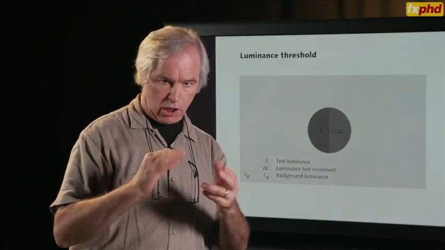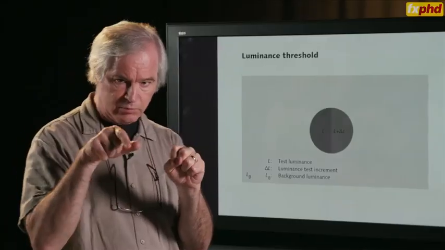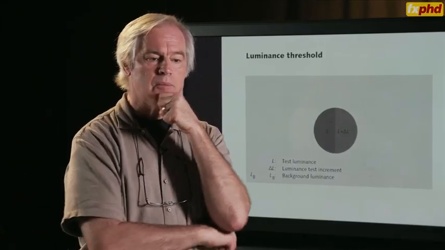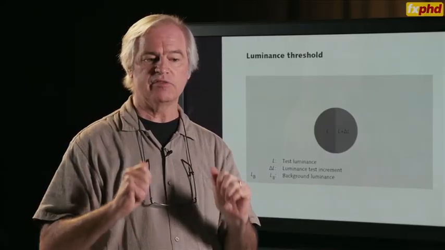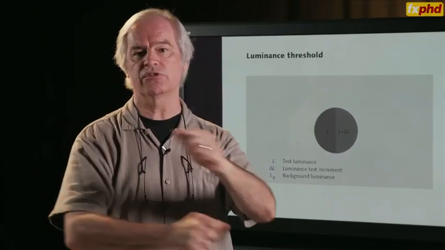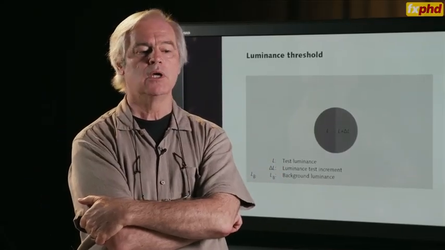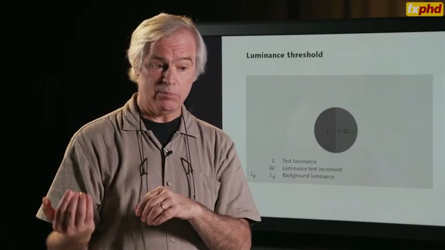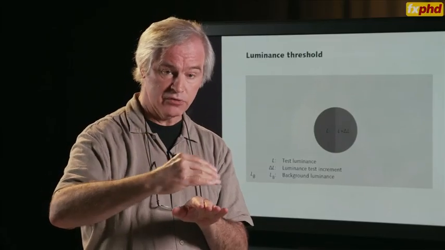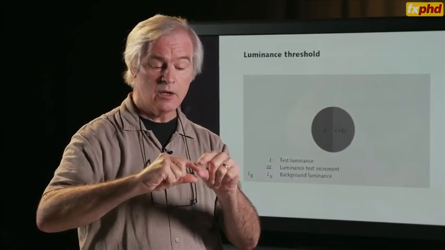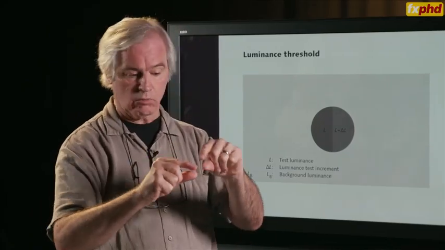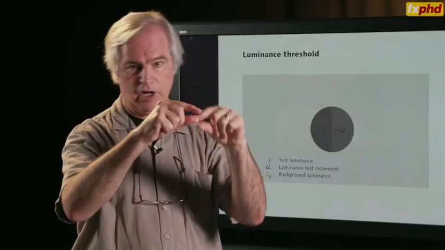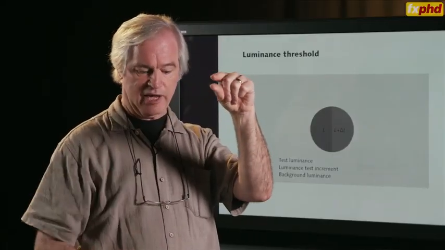And that logarithmic relationship, that 1.01 ratio, implies that if you were simply to code luminances according to the logarithm, you would be able to code integer values that are just one just noticeable or one just unnoticeable difference apart as you march up the scale from black to white.